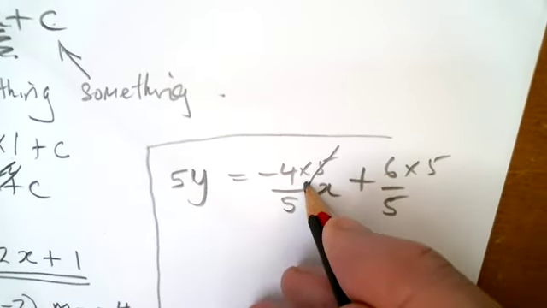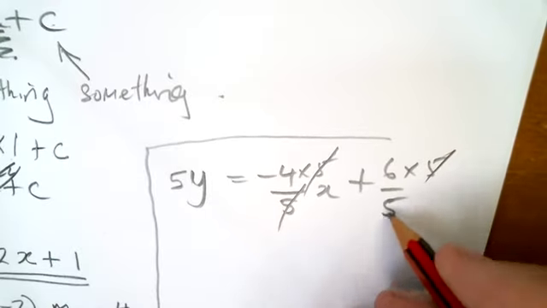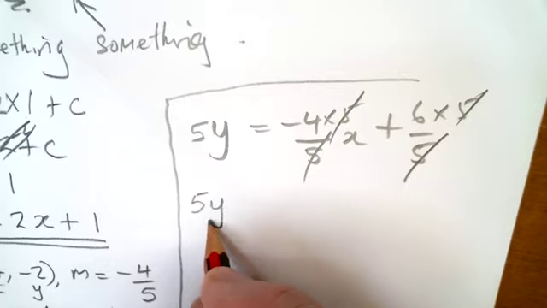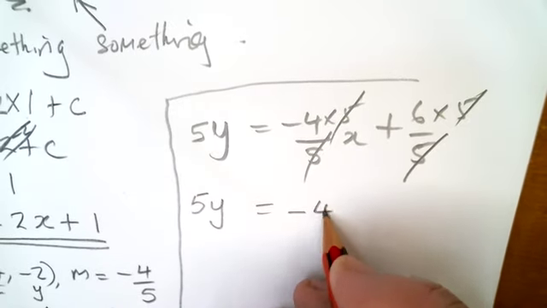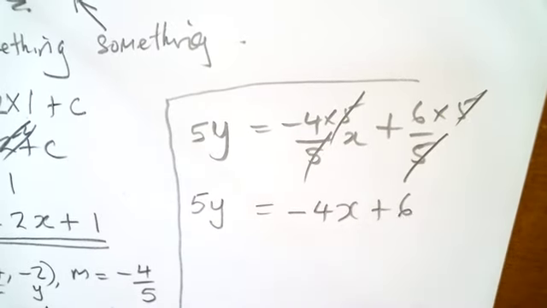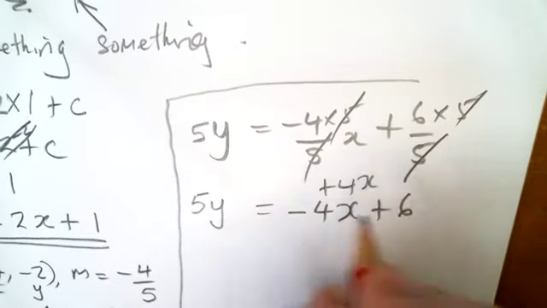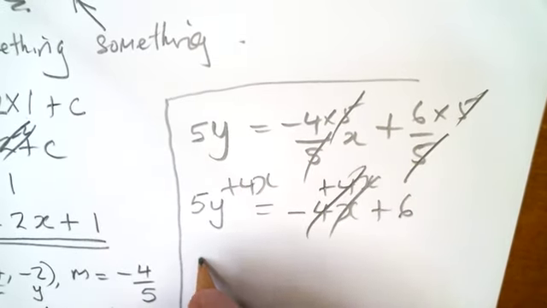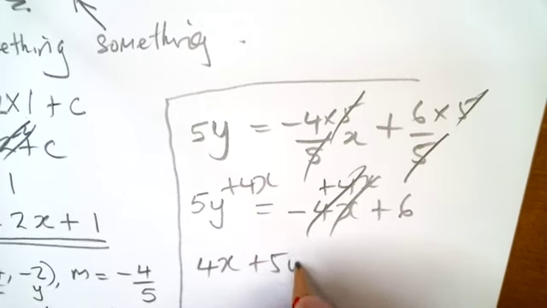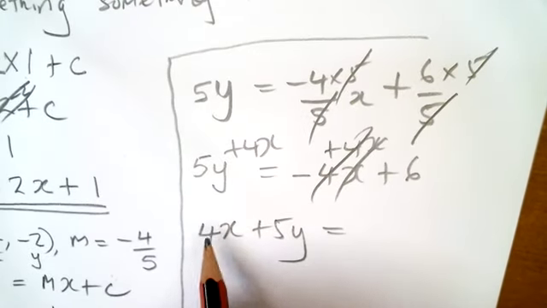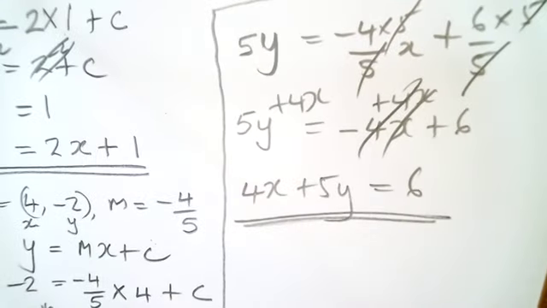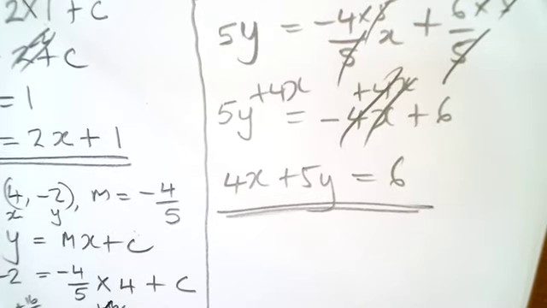Of course, 5 divided by 5 goes, 5 divided by 5 goes, and I'm left with 5y is equal to negative 4x plus 6. And I'm going to add 4x to both sides. So now I've got 4x plus 5y. Notice I've got these in alphabetical order, x then y, is equal to 6. And there's my general form. So there are quite a few different ways of expressing that, which we'll talk about as time goes on.